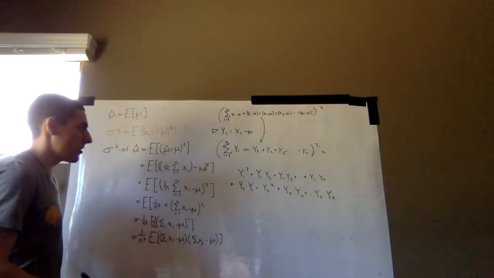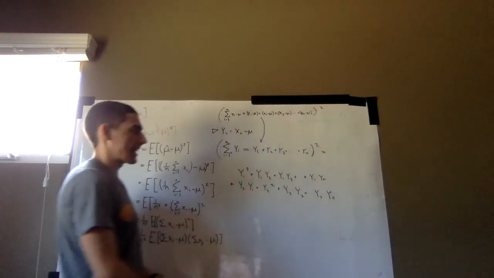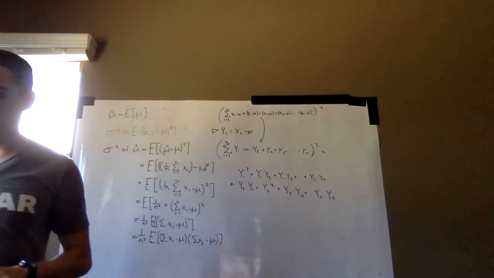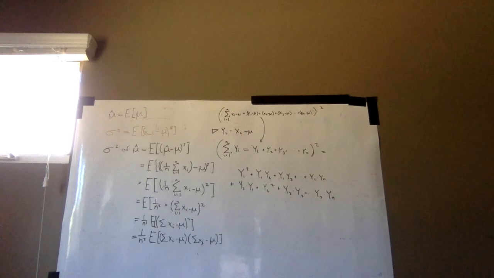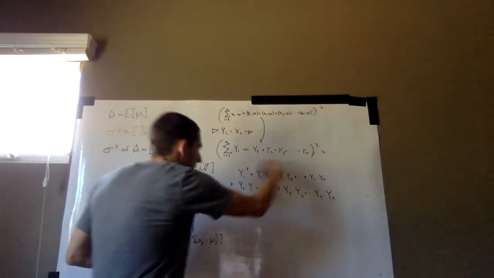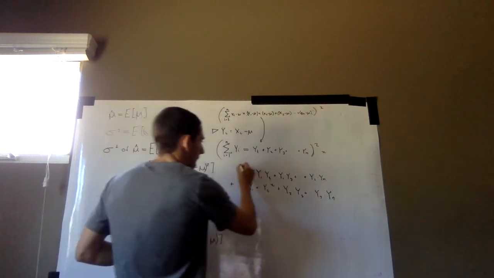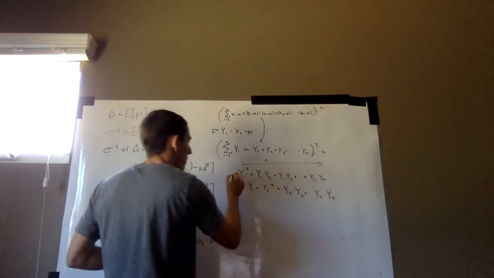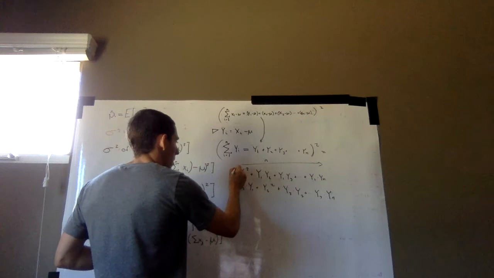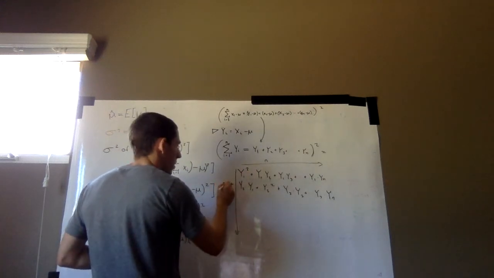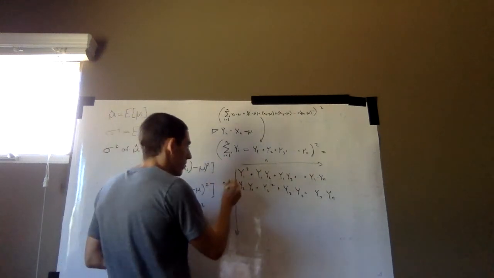And one thing that you'll notice here is there's sort of a pattern. We have an n by n series of terms that are all going to be added together, right? Everything here gets added to everything here, n columns and n rows.